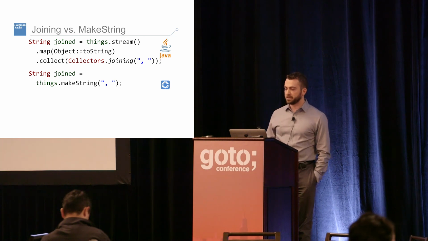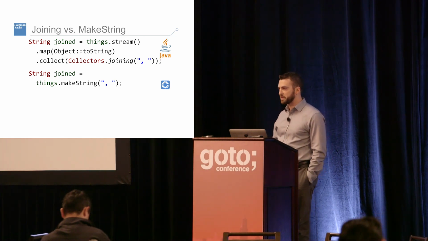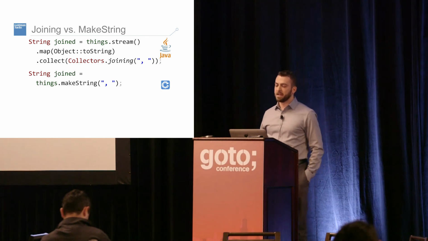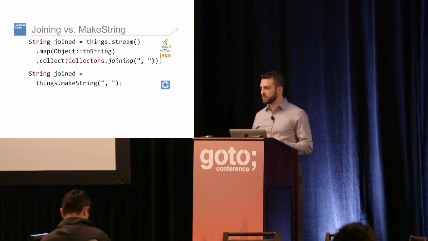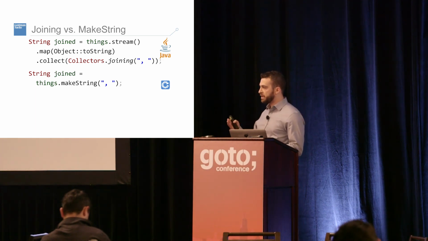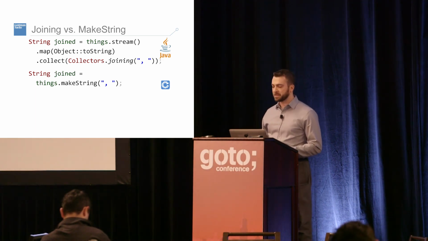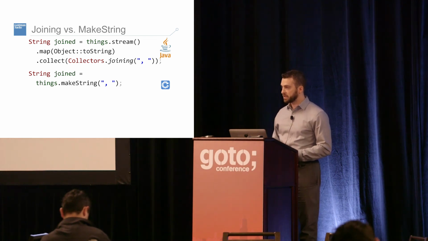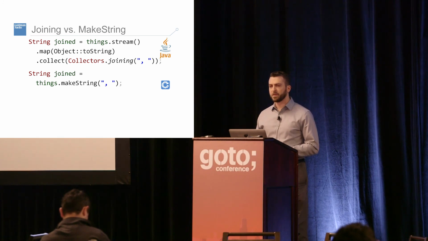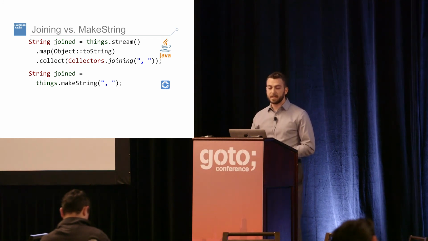So here's the first example. Here we are comparing joining using the stream API versus makeString in GS Collections. We're starting with a list of things, and we want to convert each one to a string and have a comma-separated string. Since this isn't a pattern right on stream, the next place you look is on collectors, and there is a collector called joining. You create it this way. The other thing you have to do is first convert each item to a string. To me, that feels like a mistake in the API.